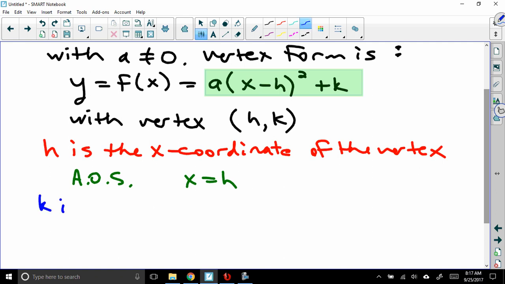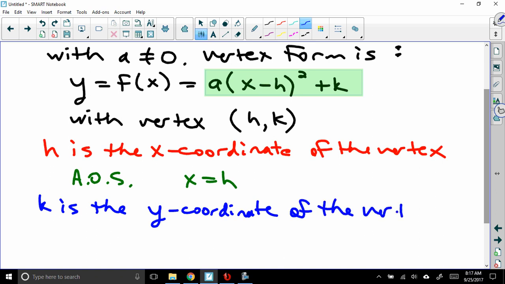K is the y-coordinate of the vertex. Now, we talked about functions sometimes opening up and functions sometimes opening down. So if the function opens up, then k is the, is that the big mother or the small mother?